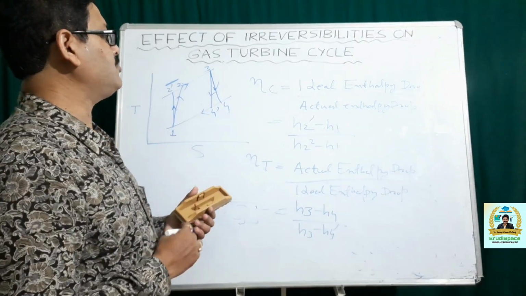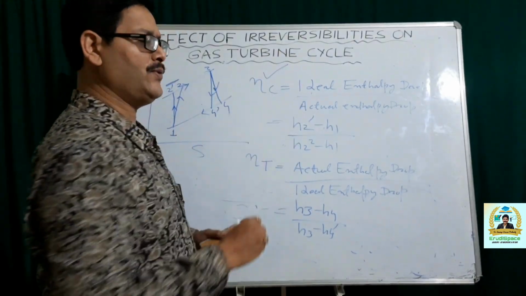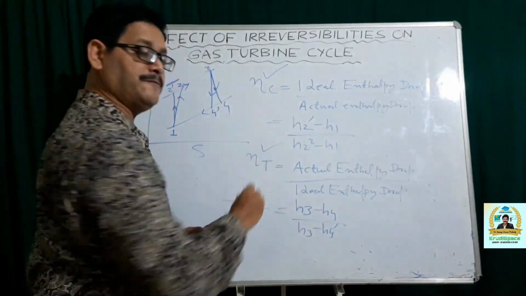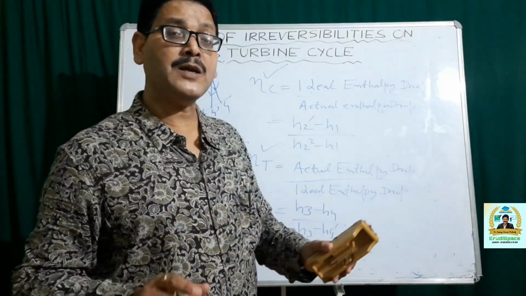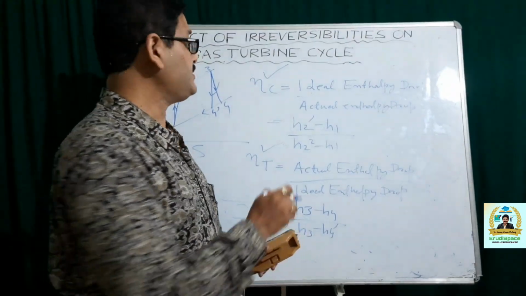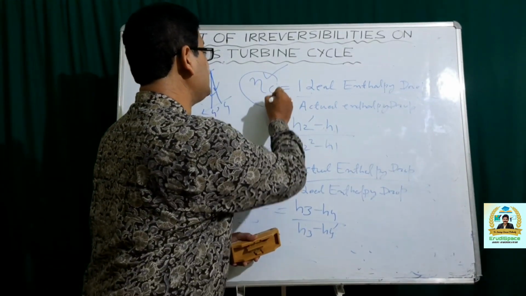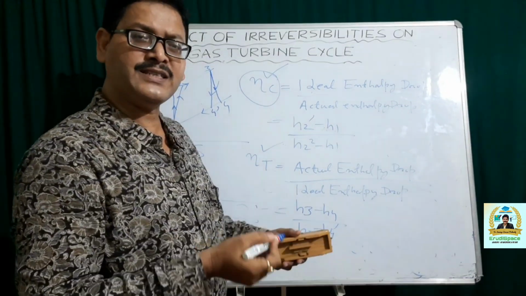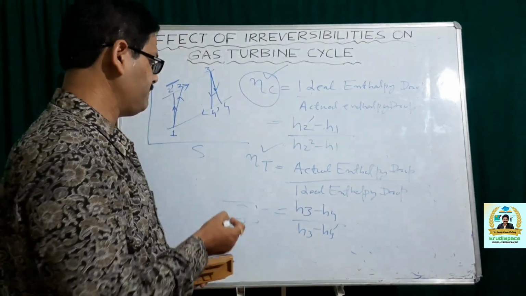Another thing that I would like to tell you, that this efficiency of the compression and turbine are also known as isentropic efficiencies. That means you may find the use of isentropic efficiency of the compressor instead of the term efficiency of the compression.